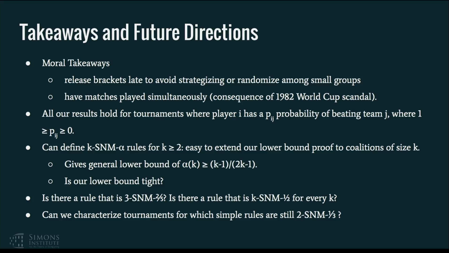So, as with many results in AGT, we don't mean to be particularly prescriptive, but we tend to give guidelines on how to run things. And one of the recommendations that we think is good is, for instance, what happened in the 1982 World Cup: teams played with the knowledge of the final outcomes of other teams, meaning that they could perfectly plan how to guarantee that they would both advance.